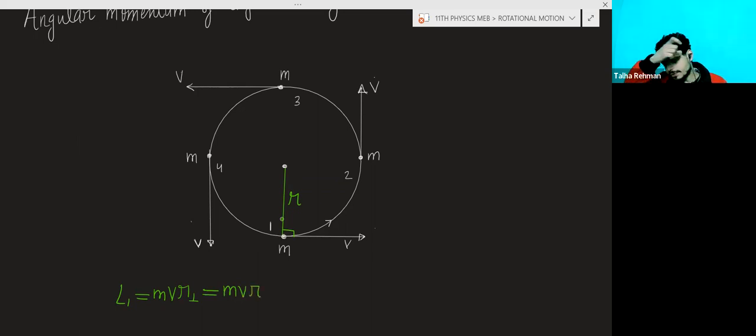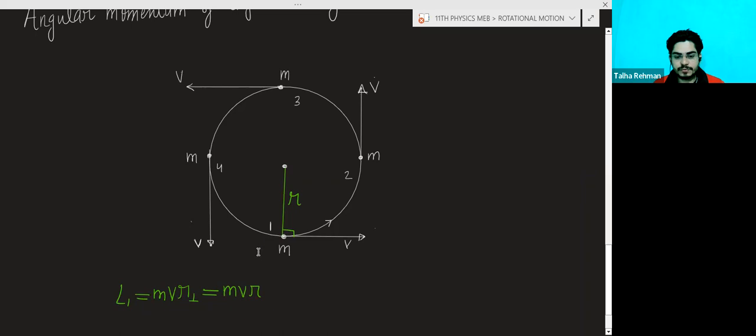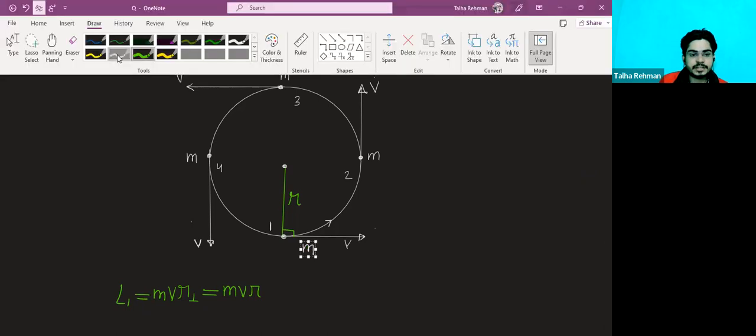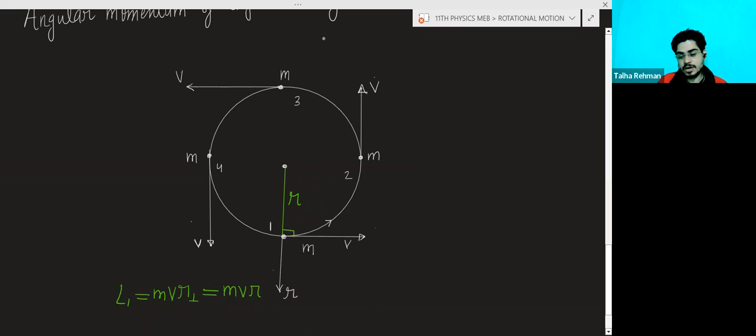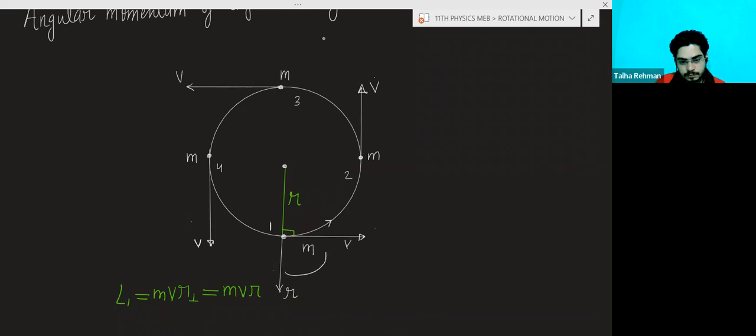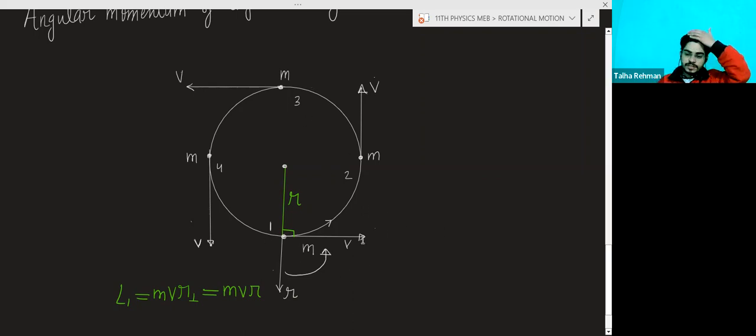Now we will see what the direction will be. For calculating the direction, just extend the r. This is the r. Now r cross v means this direction, which is the anti-clockwise direction.